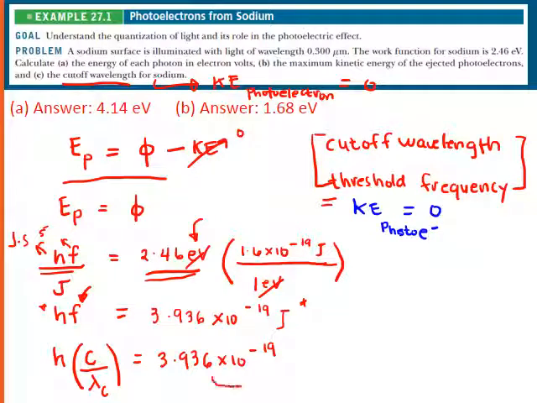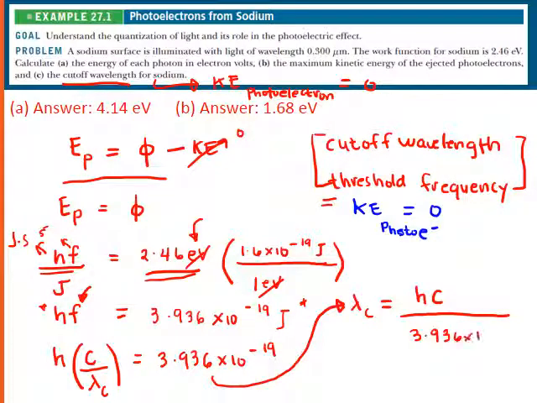Then we manipulate our equation so that the cutoff wavelength is equal to Planck's constant multiplied by the speed of light, divided by the work function in joules, 3.936 times 10 to the power of negative 19.